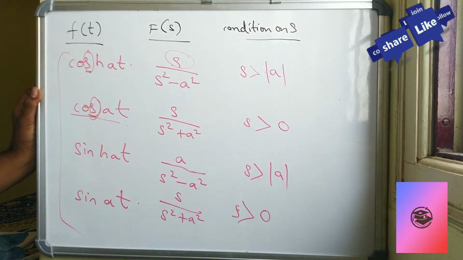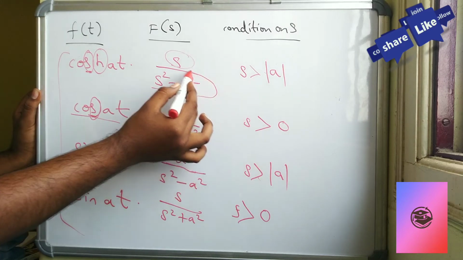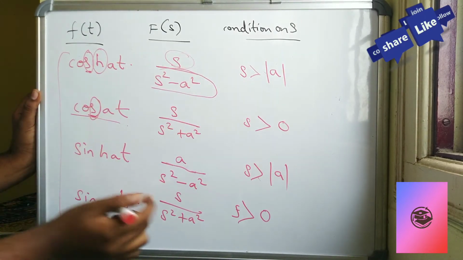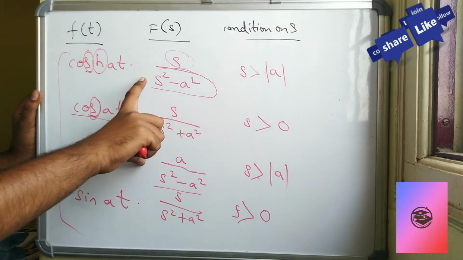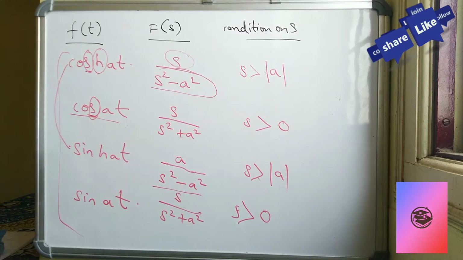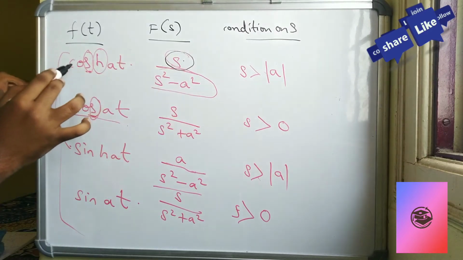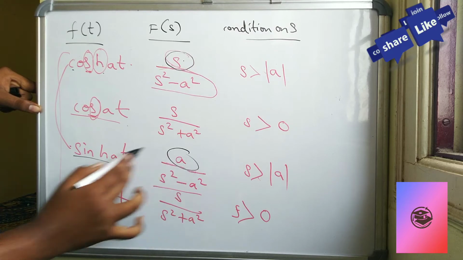For hyperbolic functions, the denominator is the same, s square minus a square, for both cos and sine. The only difference is the numerator term: it is s for cos hyperbolic and a for sine hyperbolic.